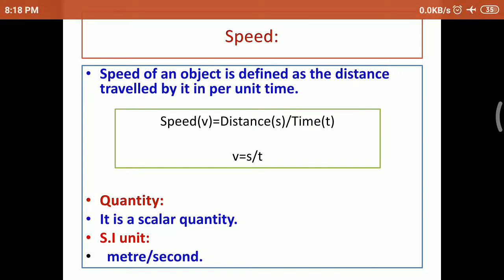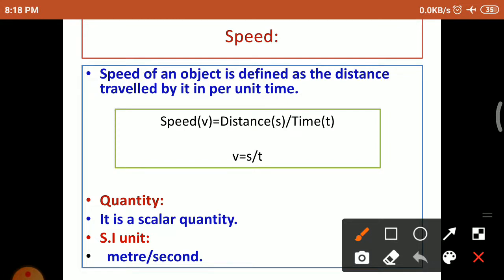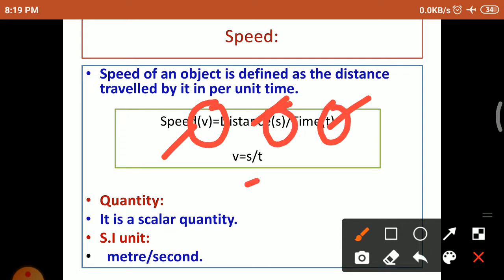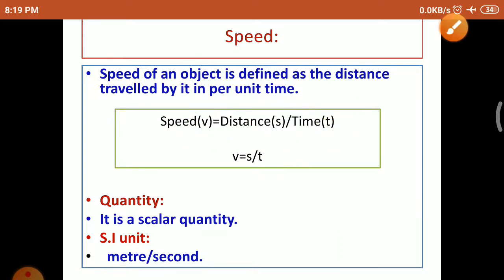The speed and rate of motion are the same. Speed equals distance by time. Speed is represented by the small letter v, distance is s, and time is t. So we can write v equals s by t, where v is speed, s is distance, and t is time.